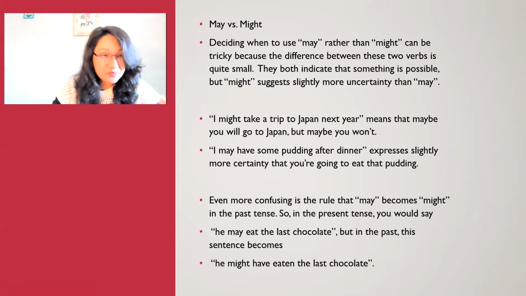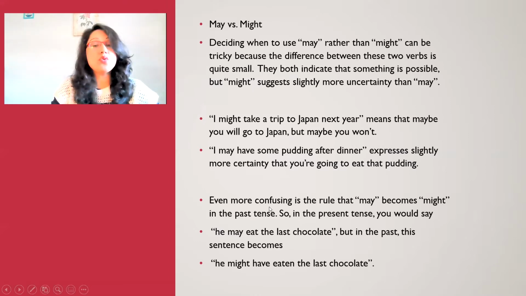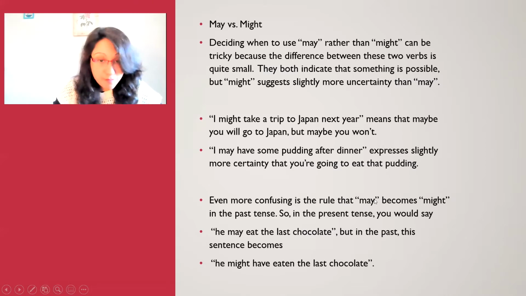So in terms of might, it is less sure, and may is a little bit more. When you say I might, then maybe not. When you say I may have some pudding, then it's more certain that you are going to eat. Another thing that makes it even more confusing is the rule that might is the past of may.